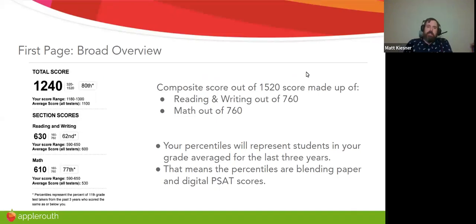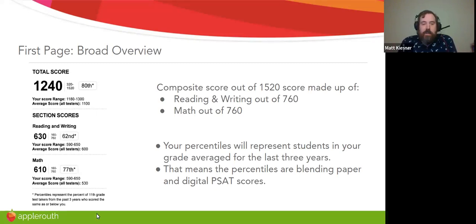So, trying to make sense of this new score report. The composite score is going to be out of 1520, and 760 of those points are for the reading and writing section, and 760 are for math. They're also going to offer you some percentiles. These percentiles are going to be of the grade that you're in, and not of all students.